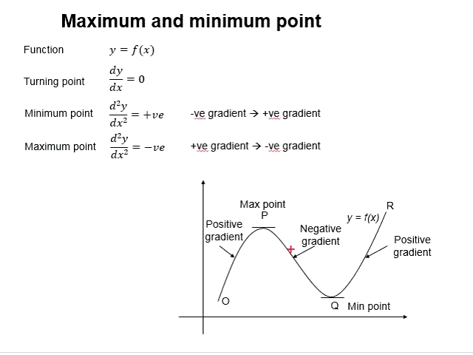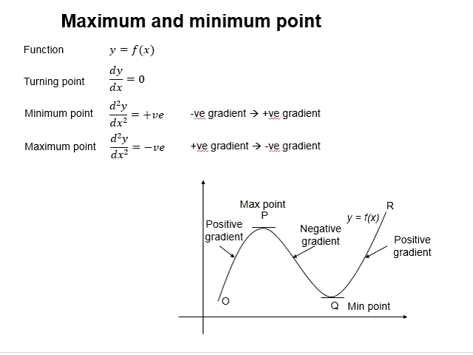Alternatively, once you have identified the turning point, you may test the gradient before and after the turning point. In the case that negative gradient transforms into a positive gradient, that will be a minimum point. Otherwise, it will be a maximum point.